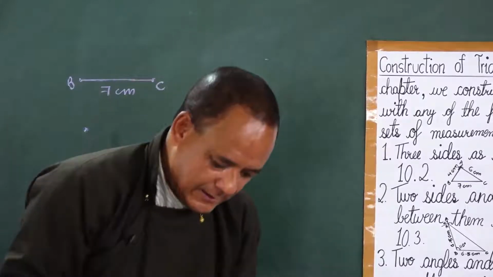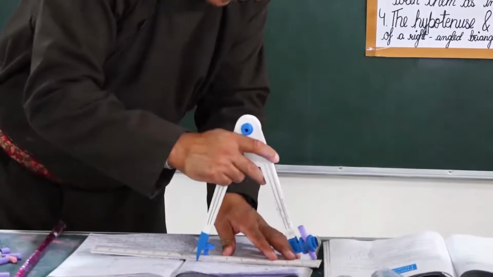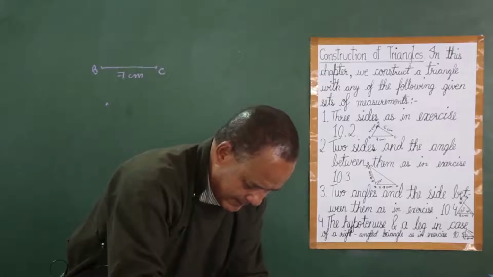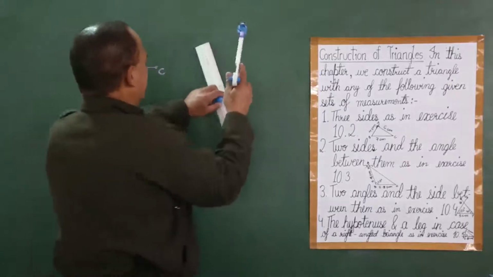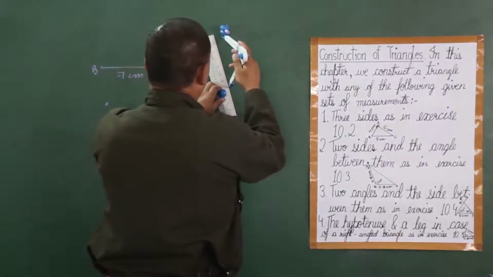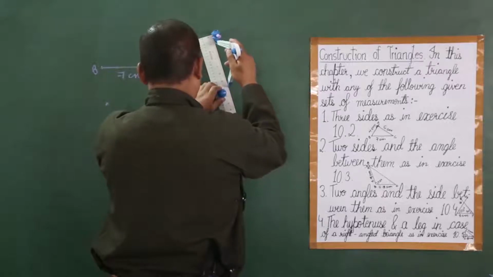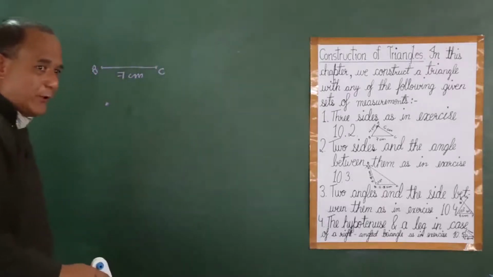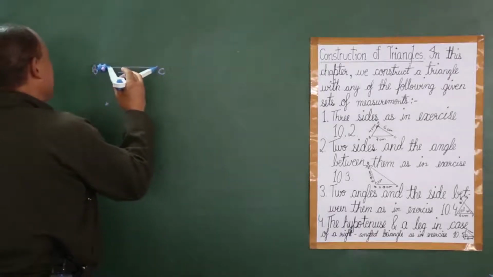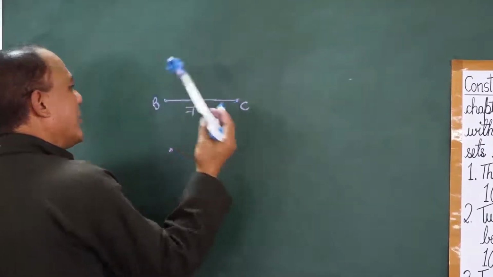that is slippery, so I need to use a ground for that. See. Now, this is your 7 centimeter. Now, if you want to know if this segment is correct or not, you can do it that way.